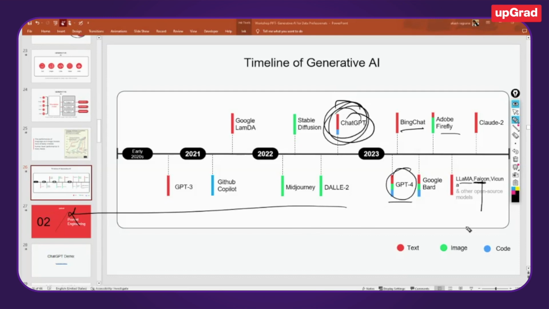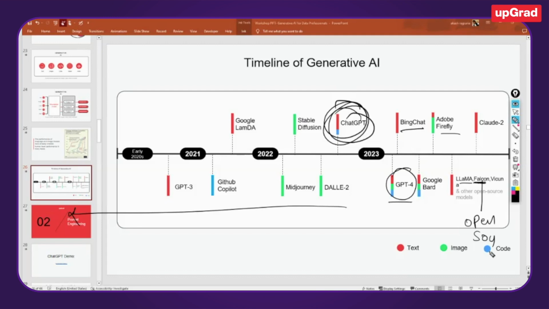But the Falcon model is the first open source model in which you do not need to pay a single penny. Which means that the data it was trained on, how it was trained, what models were used, and everything is made completely free. You can use it even for commercial purposes, which means that you can earn money from it.